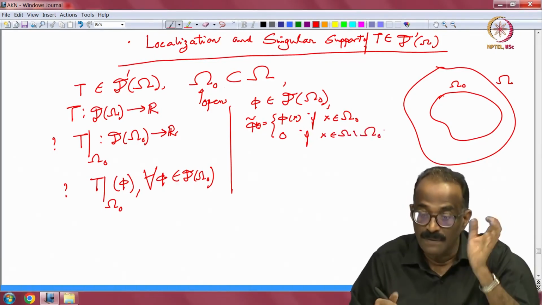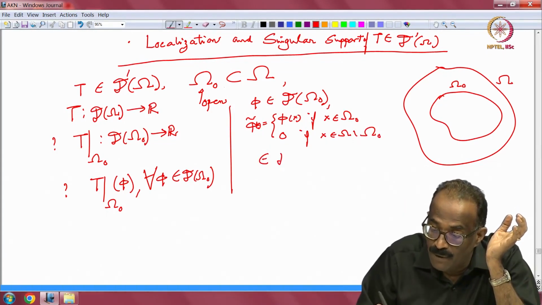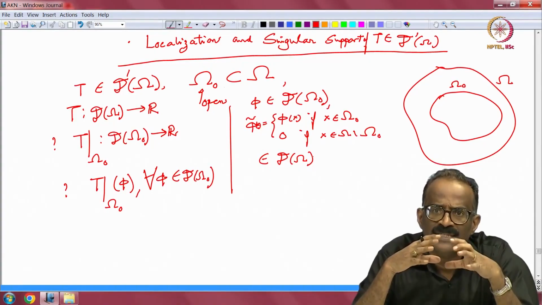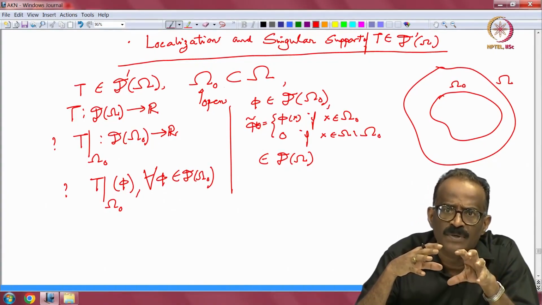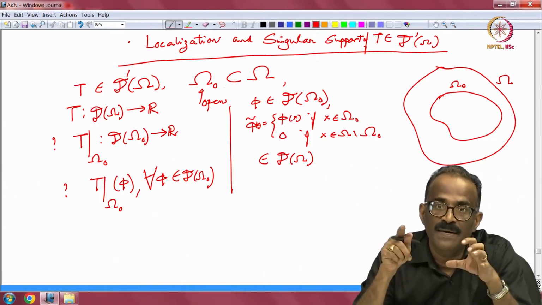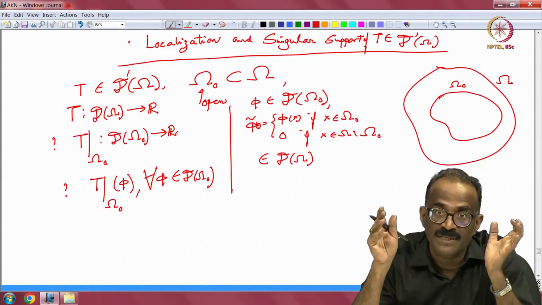Note that this will be in D of omega. You have to be careful. In general, if you give a C infinity function in a small open set, an extension by 0 need not be a C infinity function there.